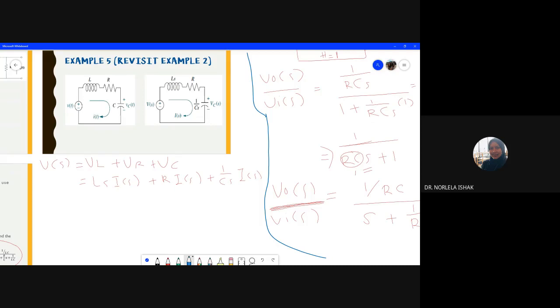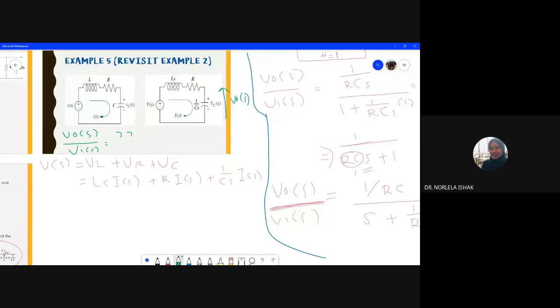Let's say I put V naught here, and then we define the transfer function V naught over Vs equal to what?